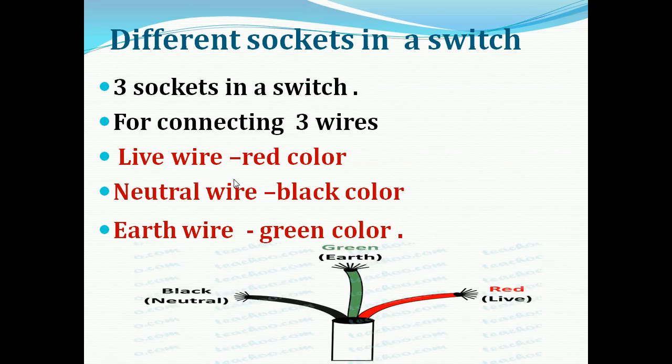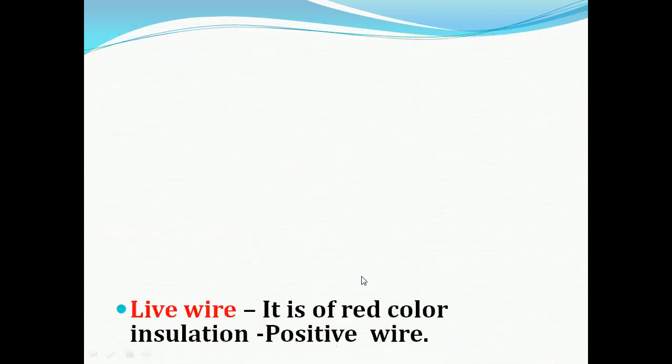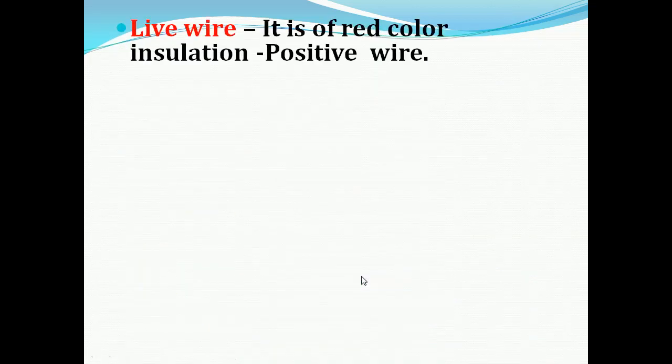Live wire is insulated with a red color, neutral wire with a black color, and earth wire with a green color. Now live wire, which is of red color, possesses positive charge.